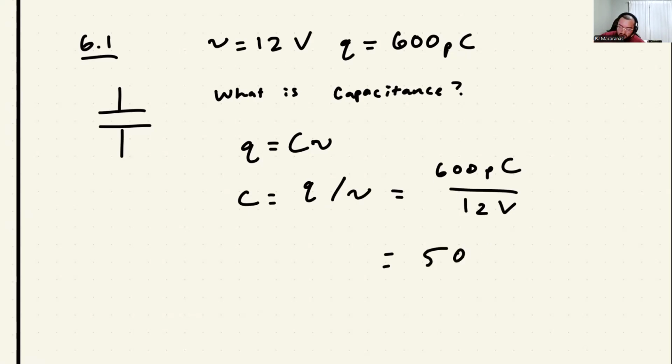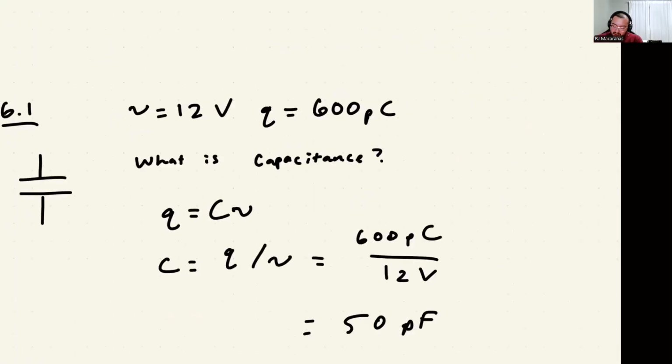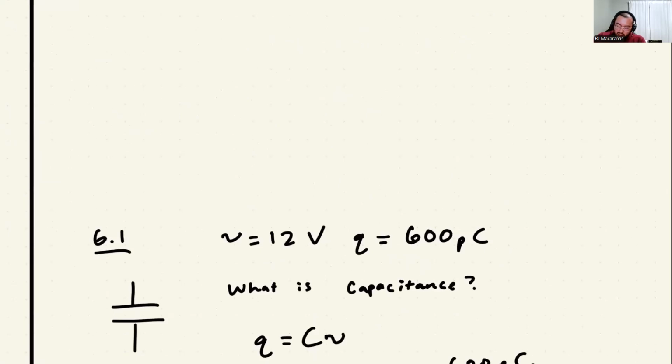It's going to be 50 picofarads. You just take 600 divided by 12, you can keep the P, and then C over V just gives you farads there. So it's not a particularly difficult problem. Just wanted to illustrate that one.